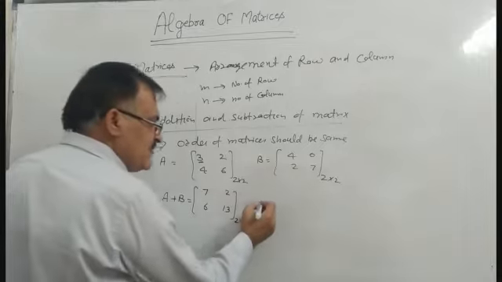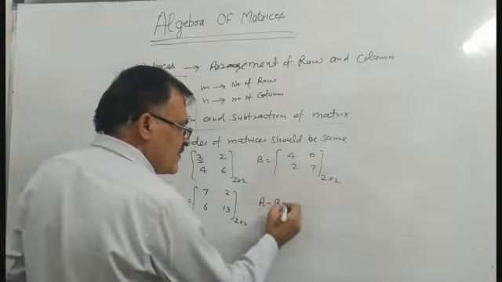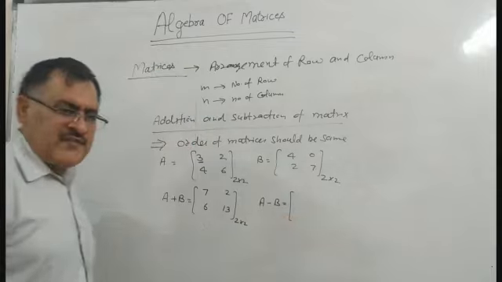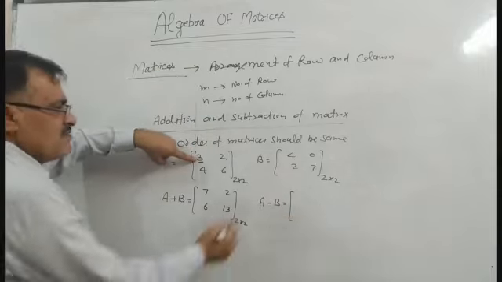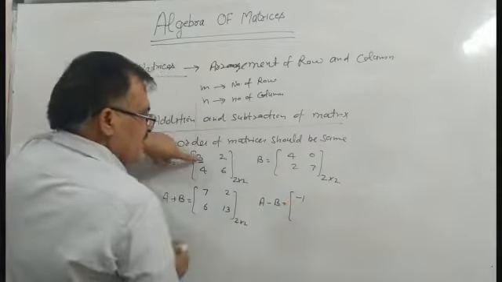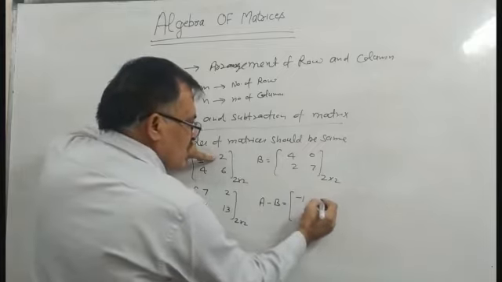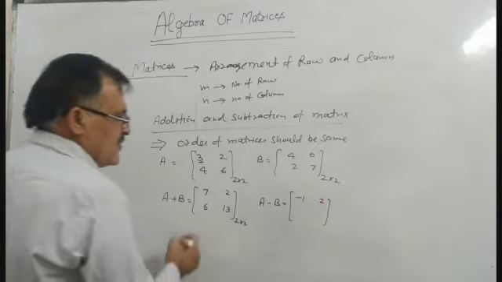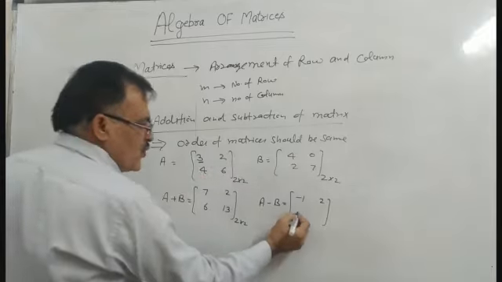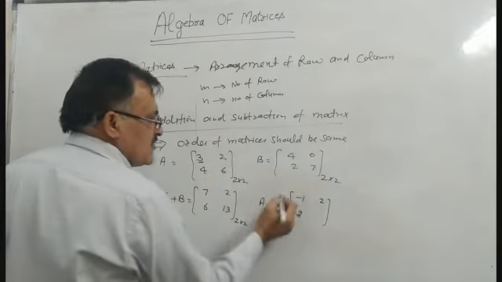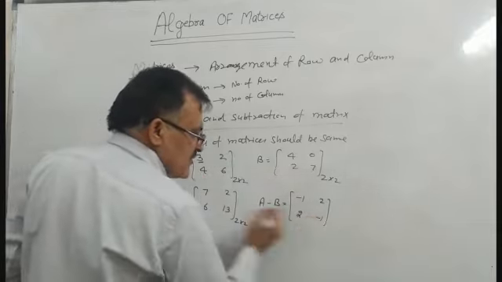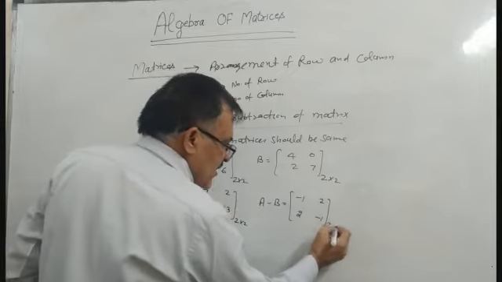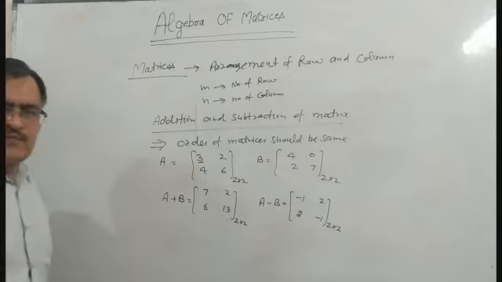Then A minus B. We subtract. 3 minus 4 is minus 1. 2 minus 0 is 2. Next, 4 minus 2 is 2. 6 minus 7 is minus 1. The order of this is also 2 into 2.